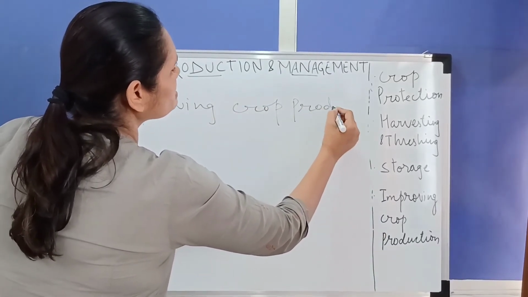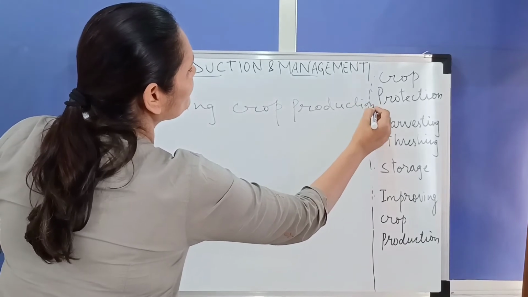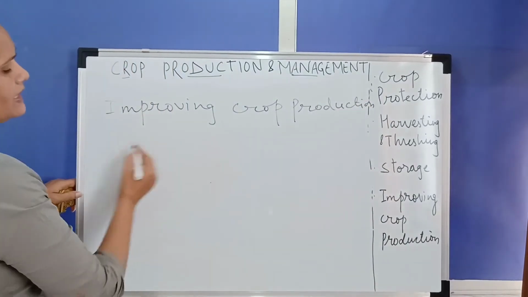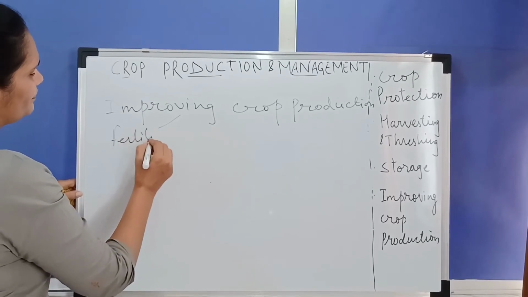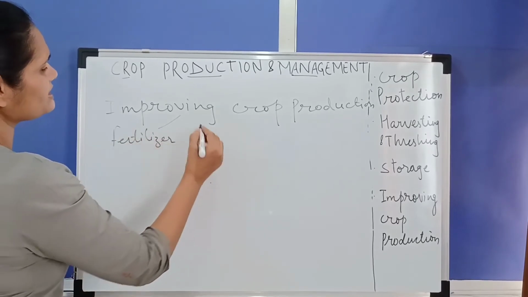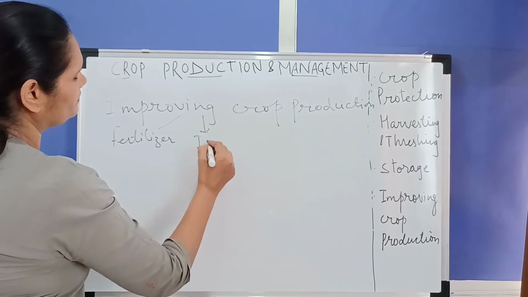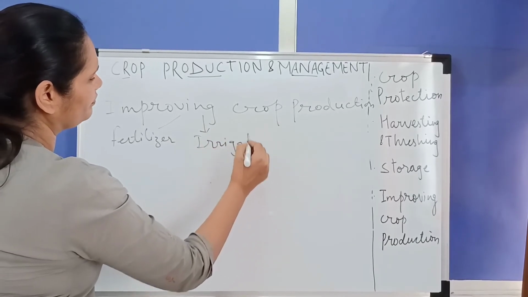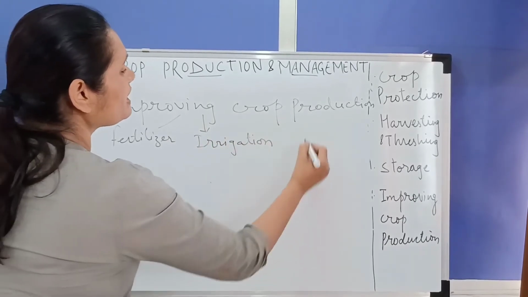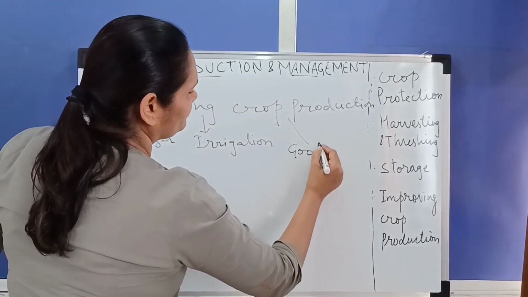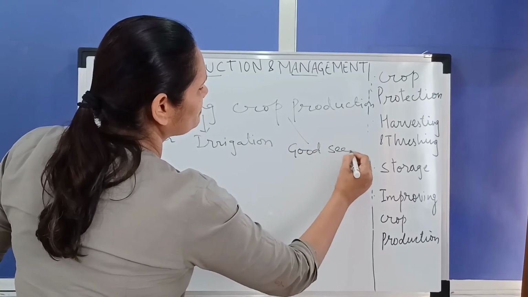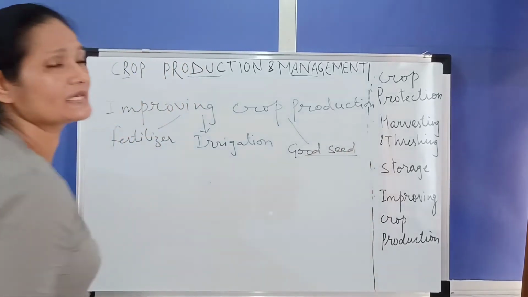Mention in the comments what can be the ways of improving the crop production. Yes, it can be using good fertilizers. Yes, proper irrigation. Yes, and third can be good seed. Yes, good seed selection. So proper seed selection.